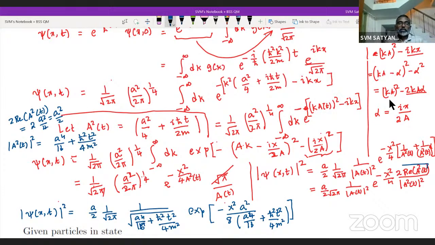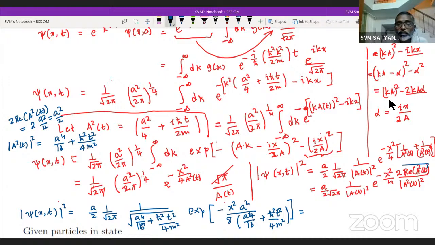Okay, so this is fine, but I just want to write this in a form. So what I will do is I will pull out this a power 4 by 16 from here, then this becomes a square by 4. Okay, that is a by 2 whole square, right? One a by 2 will cancel with this, so only one a by 2 will remain there.